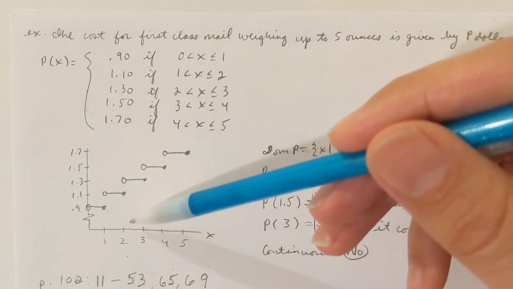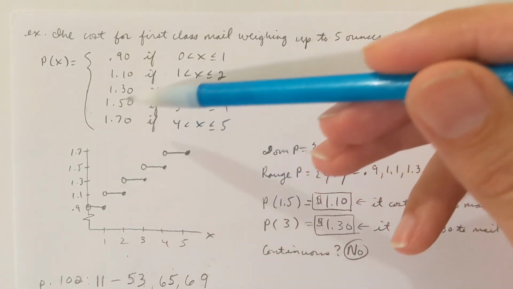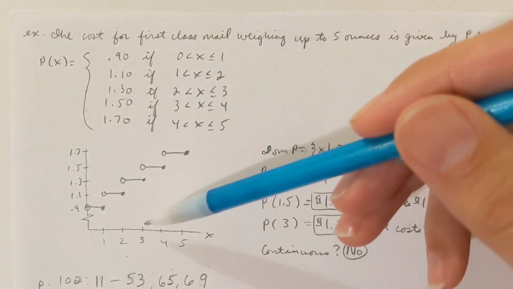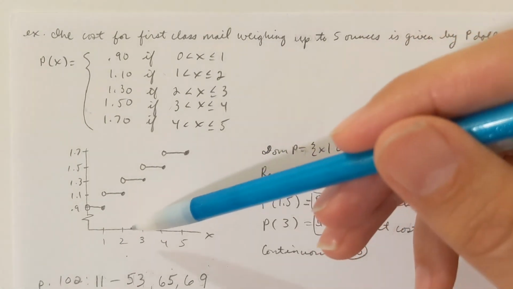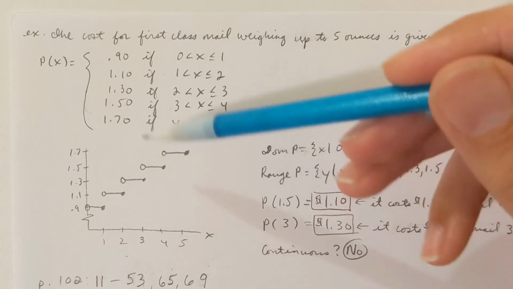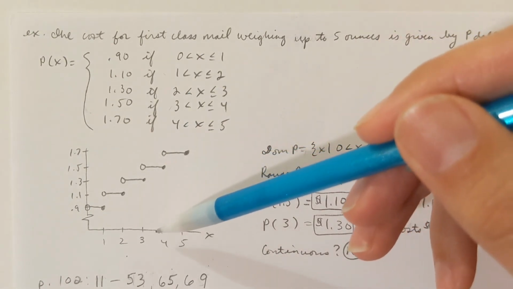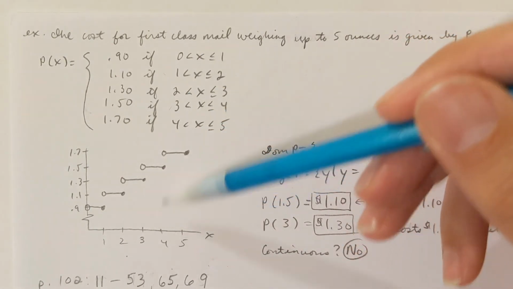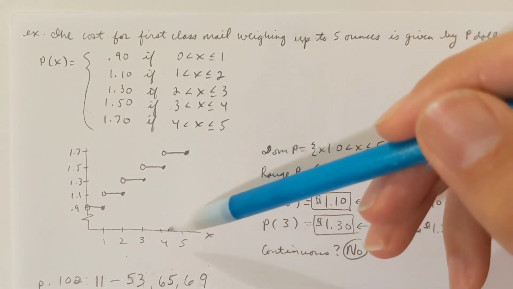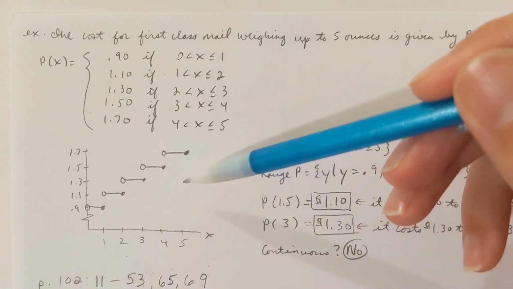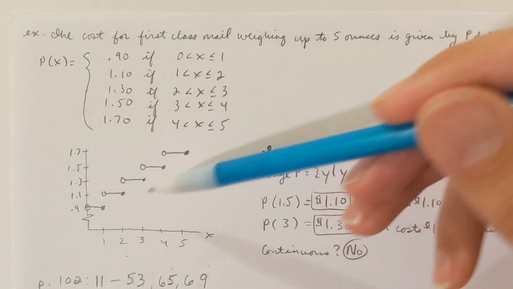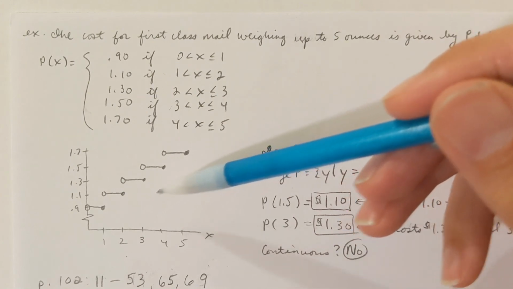So if y is 1.3, x is between 2 and 3, and if y is 1.5, x is between 3 and 4, and if y is 1.7, x is between 4 and 5. Including 5. I'm including the right endpoint on each one of these.